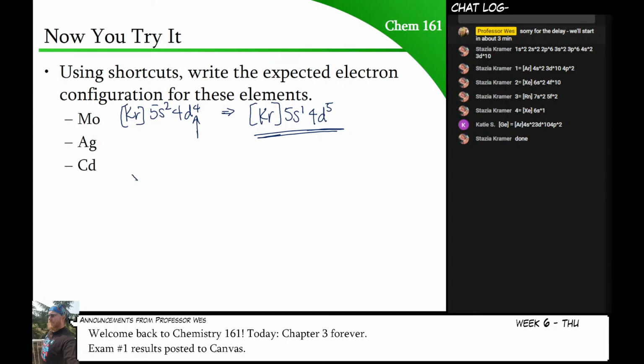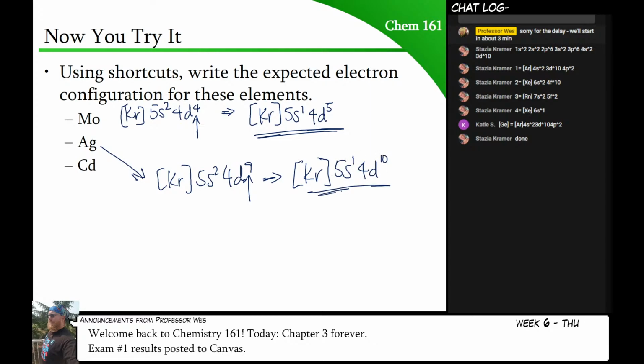And then for silver here, silver is krypton 5s2 4d9. Oh, look at that. D9, we'll move an electron from S to D, and there's your electron configuration.